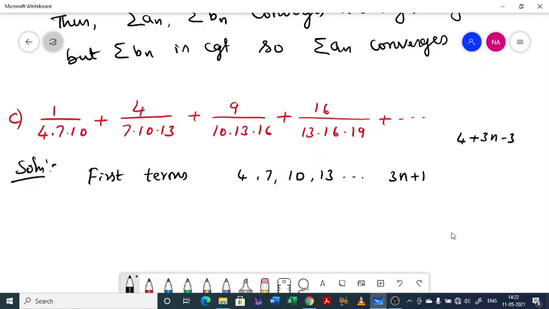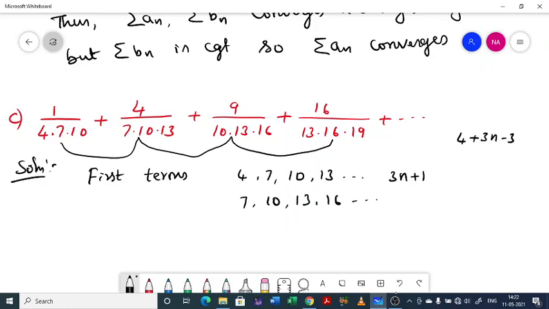So next terms, second terms 7, 10, 13, 16. Actually, these terms are obtained by adding 3. Okay, it will be 3n plus 4. Next term 10, 13, 16, 19. So again, this is obtained by adding 3 to the previous one, 3n plus 7.